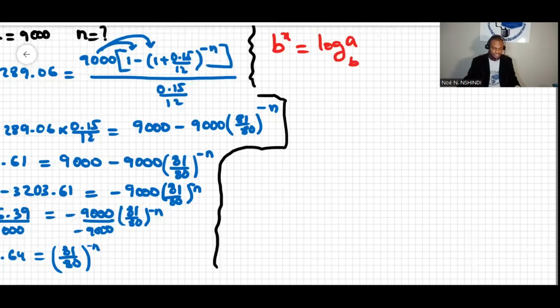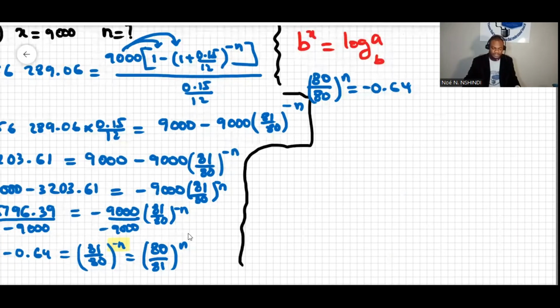In this situation, this part which has a negative n can be written as 80 over 81 with a positive n. Okay, it is correct. So this means 80 over 81 to the power of n equal to negative 0.64.